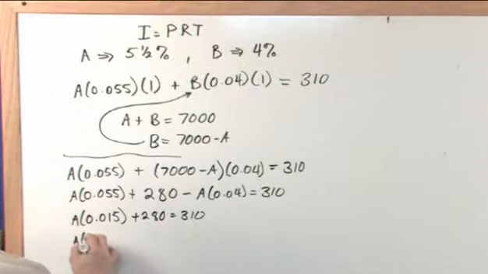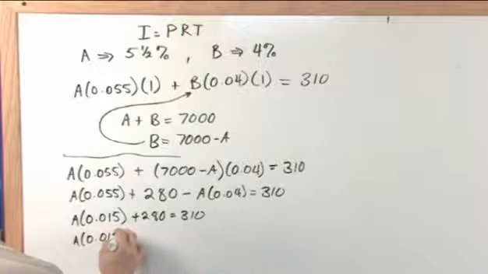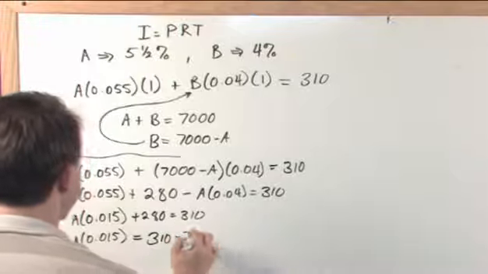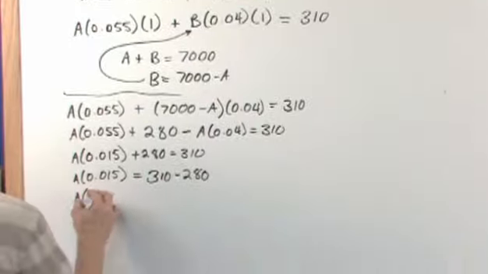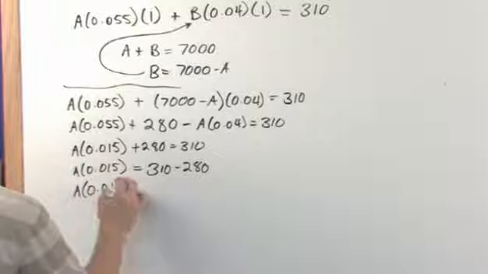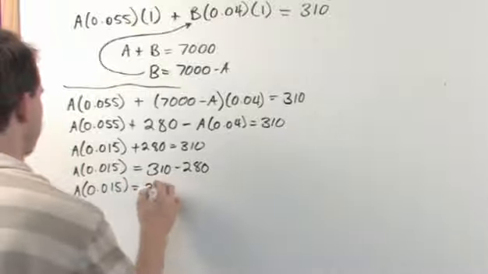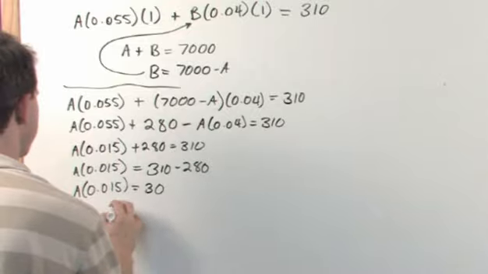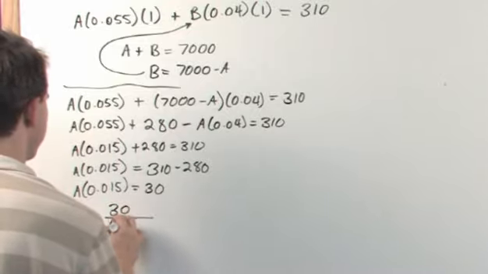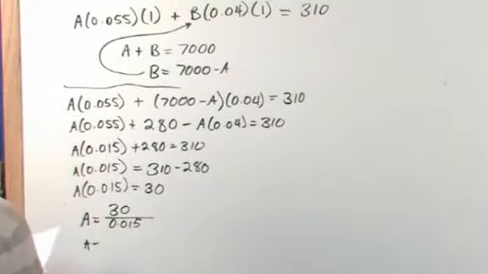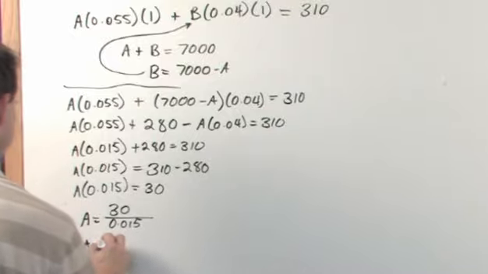So then simplifying that further, trying to get A all by itself, I'll subtract 280 from both sides, 310 minus 280. So then A times 0.015 is equal to 310 minus 280, which is going to be 30. And then A is just going to be equal to, divide both sides by 0.015. So A is going to be equal to $2,000.